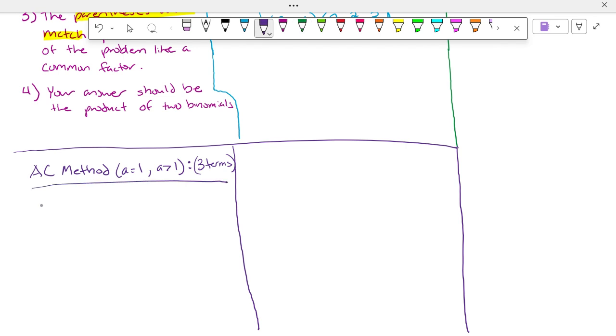So the steps. One, look for a GCF of all terms.